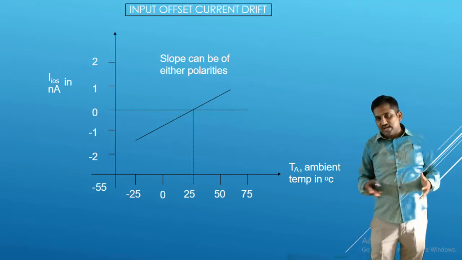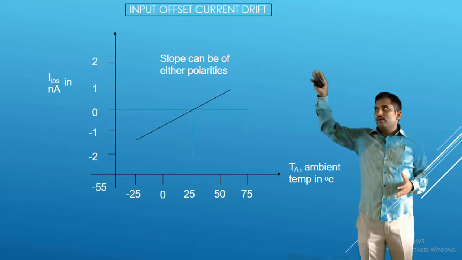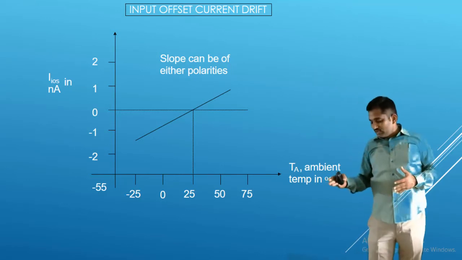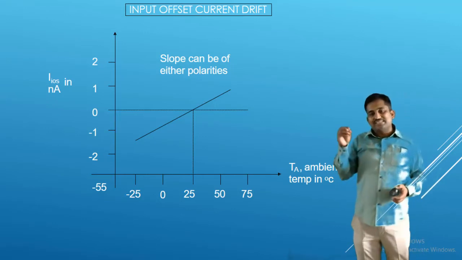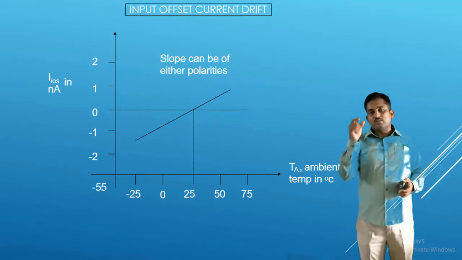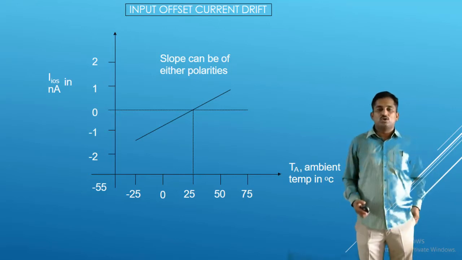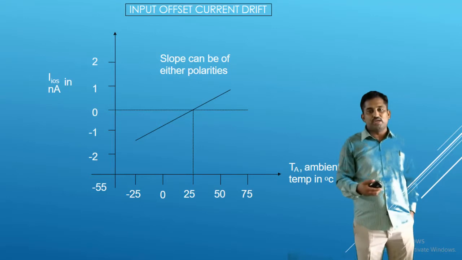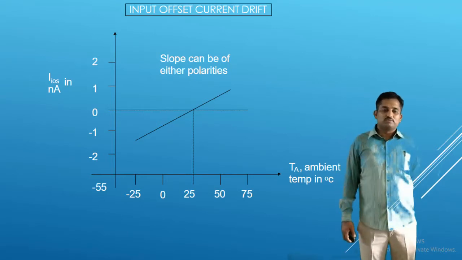If you increase the temperature from room temperature, the graph increases. If you decrease from room temperature, the graph decreases. Exactly at room temperature, the input offset current will be equal to 0. The graph looks like the input offset voltage drift.